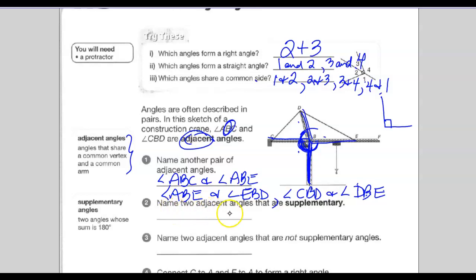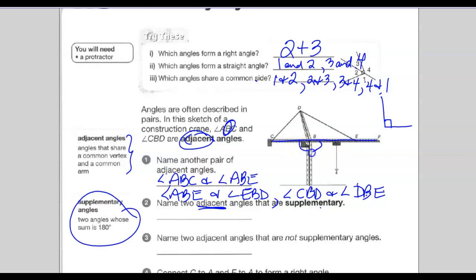So then it says name two adjacent angles that are supplementary. So supplementary, you have to remember, they add to 180 degrees. Okay, so supplementary angles add to 180 and they have to be adjacent. So here, again, there's a few choices. I'm just going to erase this so we can see it again. So there's a straight line.